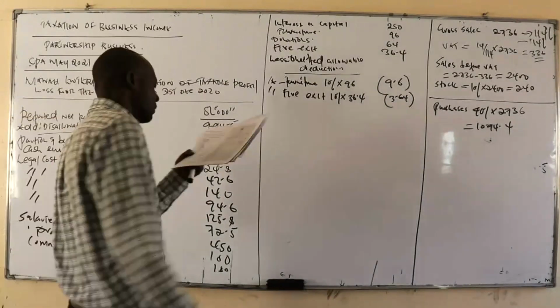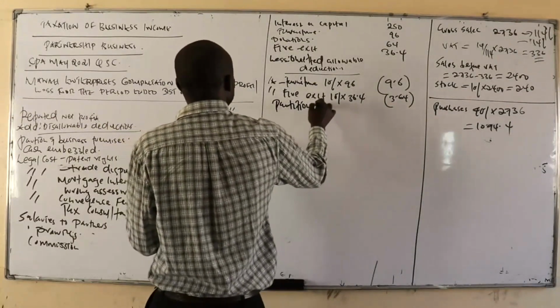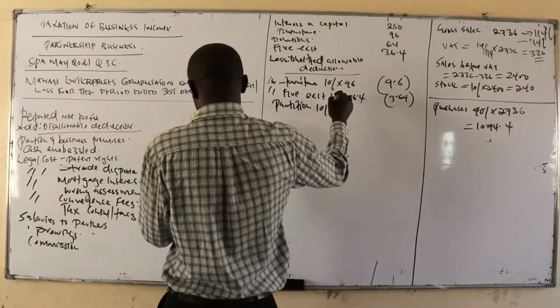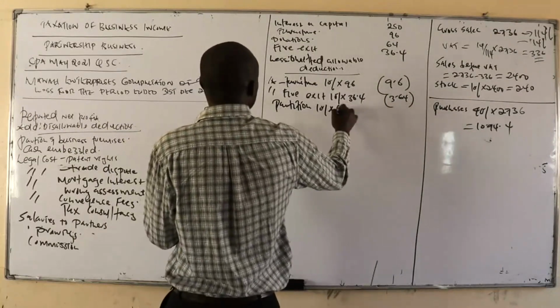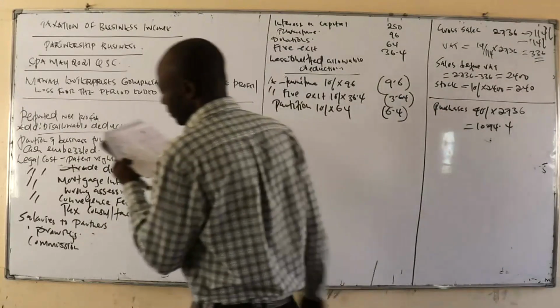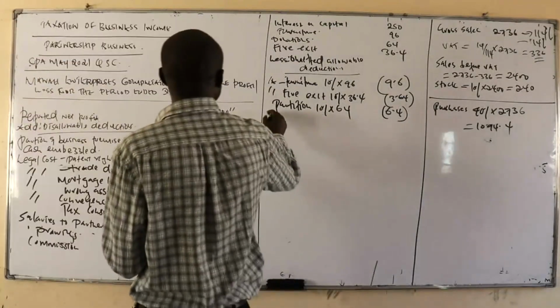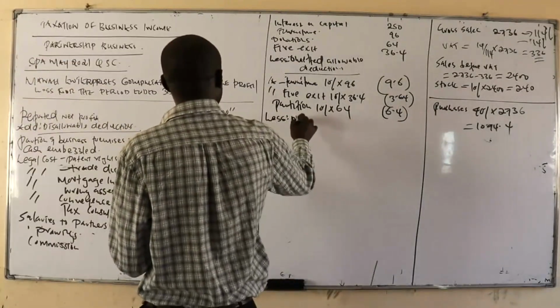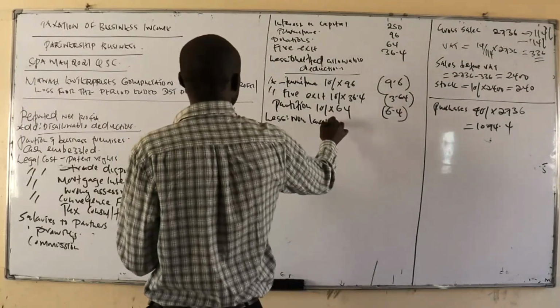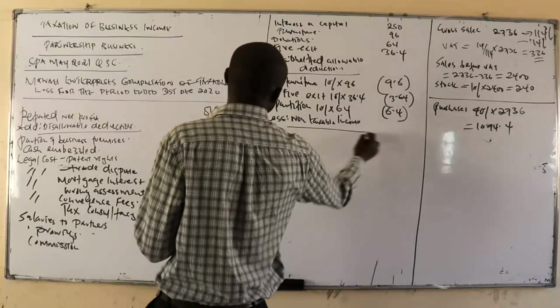Partition of business premises. Partitions. Partition is 10% of 64, which is 6.4. You deduct those ones. And then you less non-taxable income.